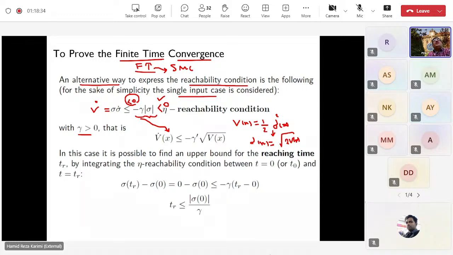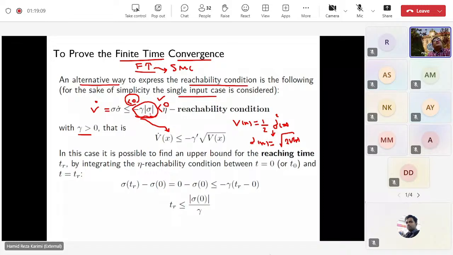It was muted. Okay, so now I can repeat it again. Finite time convergence is a property for the SMC. For the reachability condition for the single input, we can do it like this. Instead of saying that sigma should be negative, you could substitute this term, minus gamma times the norm of sigma, because this is also negative.